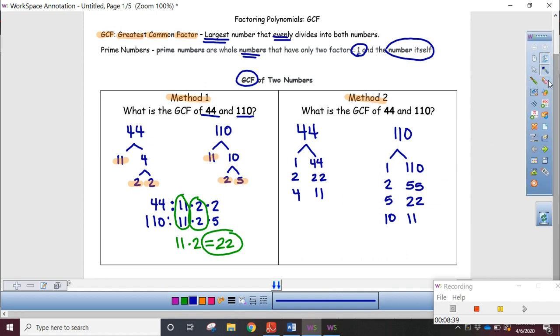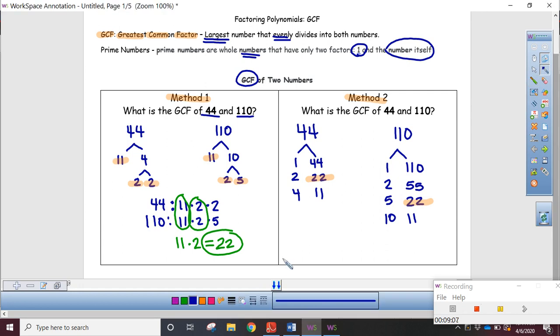And so now we can check which is the largest number that both of these numbers have in common, because it's called the greatest common factor. You can see here they do share a few numbers. They share the 1, the 2, but ultimately the largest number that they both share is 22.